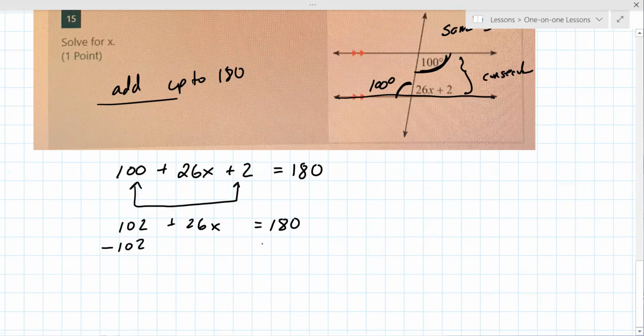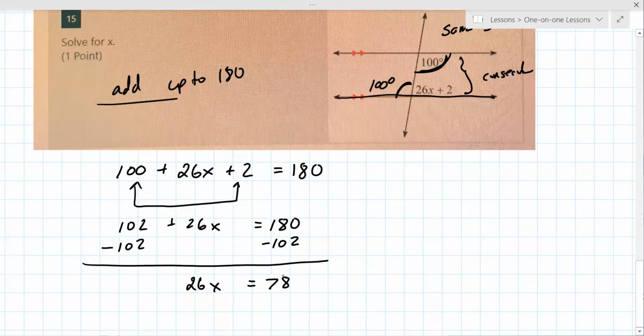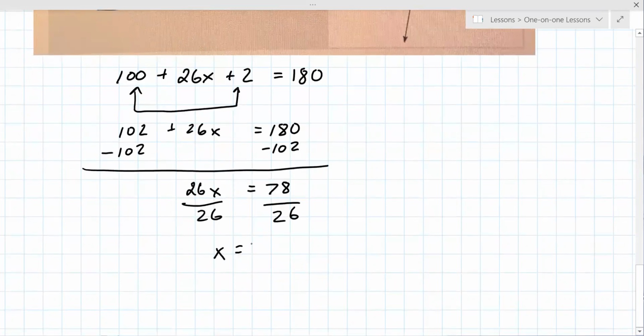Subtract 102 from both sides. So we get 26x equals 78. Divide both sides by 26. And x equals 3. It just wants x, so we're done there. If we wanted the angle measure, we'd have to go back and put that value back in.